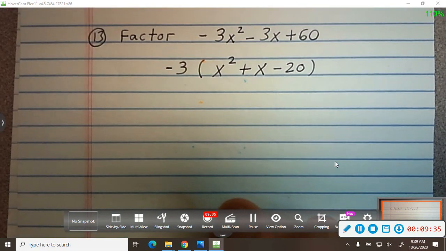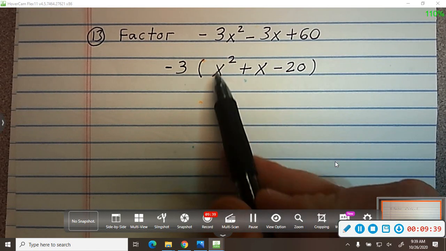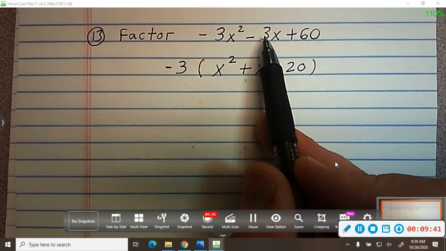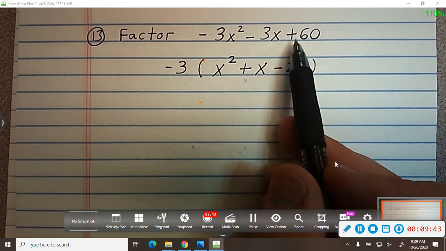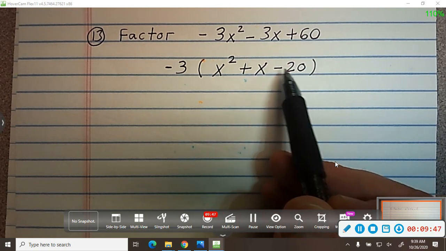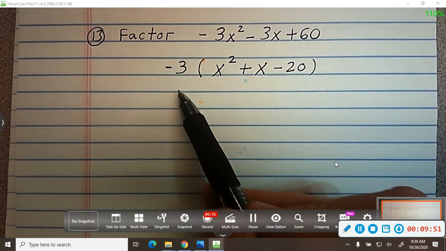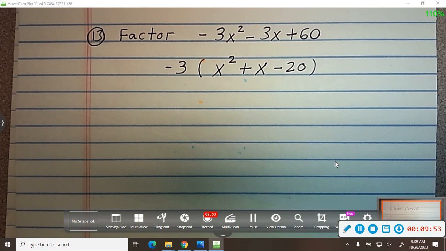If I just confused you, all I did was divide negative 3 by negative 3 and I got 1. I divided negative 3 by negative 3 and I got 1. I divided 60 by negative 3 and I got negative 20. And to show that I divided them all by negative 3, you put that outside, which is important for the graph.